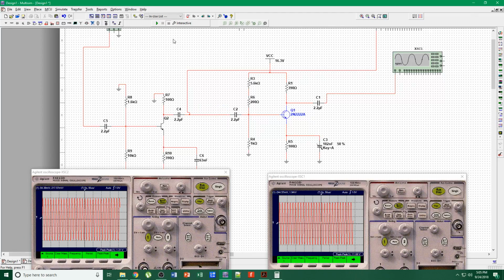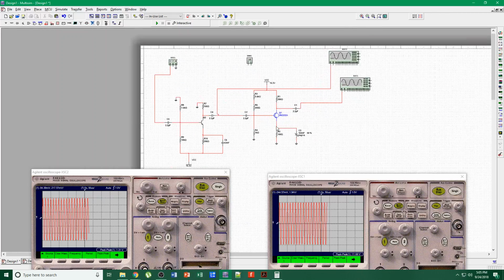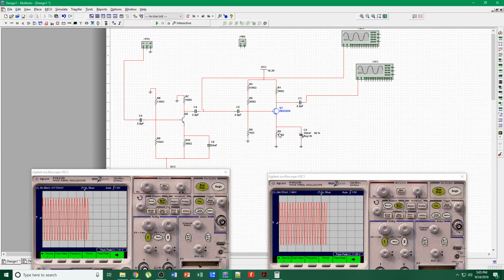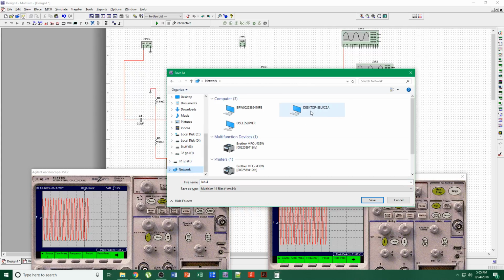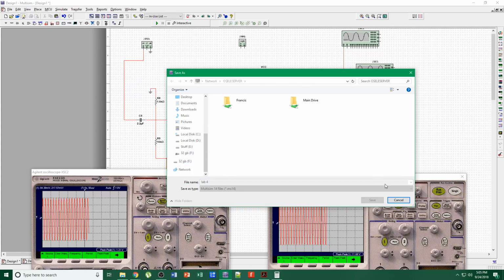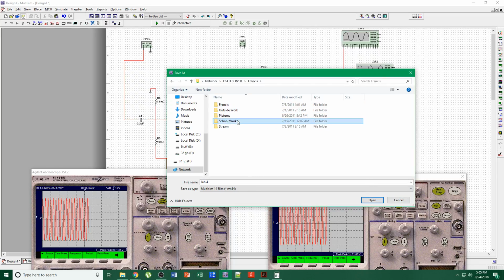I wouldn't say so, but it sort of is. Whatever the case may be, Multisim isn't obviously the determining factor of if this is actually good. So, whatever. I'm going to save it. I'm going to say lab 4 to my network. Cancel.